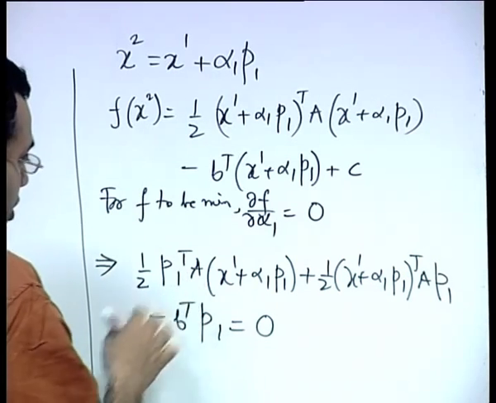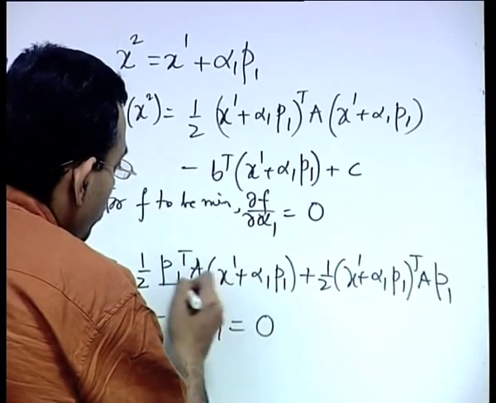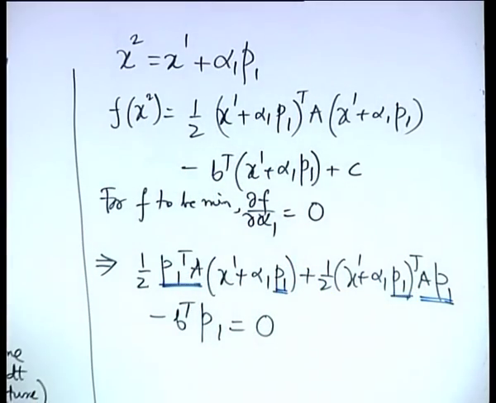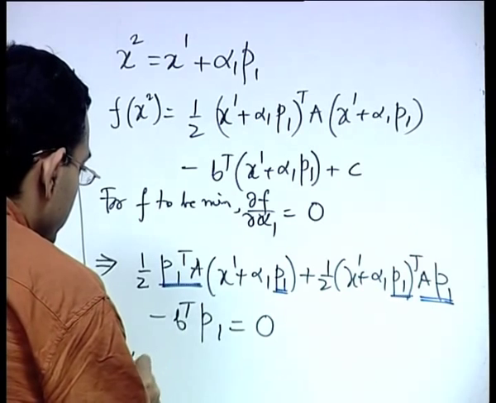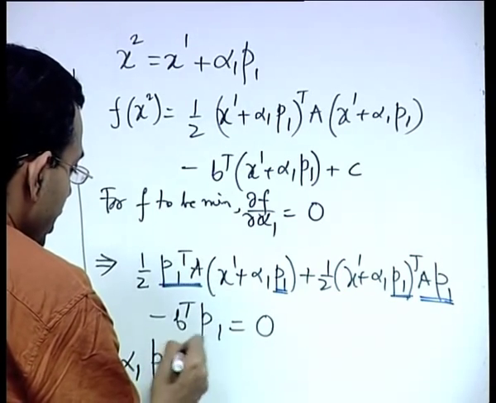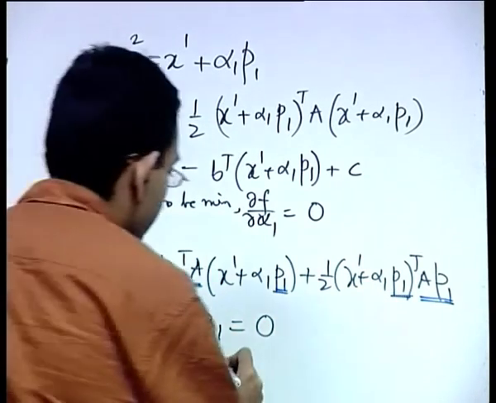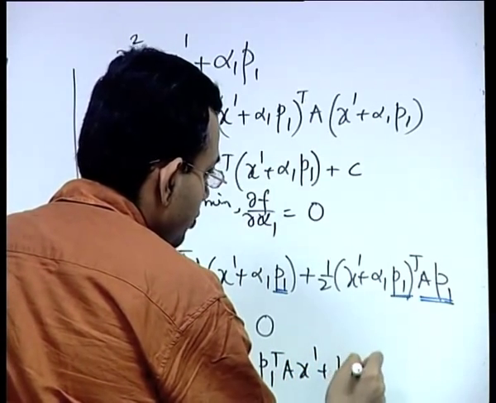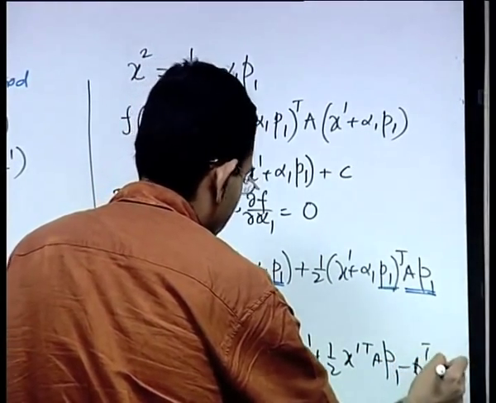So we can now simplify. You can see that first you have alpha 1 P1 transpose A P1 half of that, and then again another P1 transpose A P1 half of that. So alpha 1 into P1 transpose A P1 plus half P1 transpose A X1 plus half X1 transpose A P1 minus B transpose P1 equal to 0.